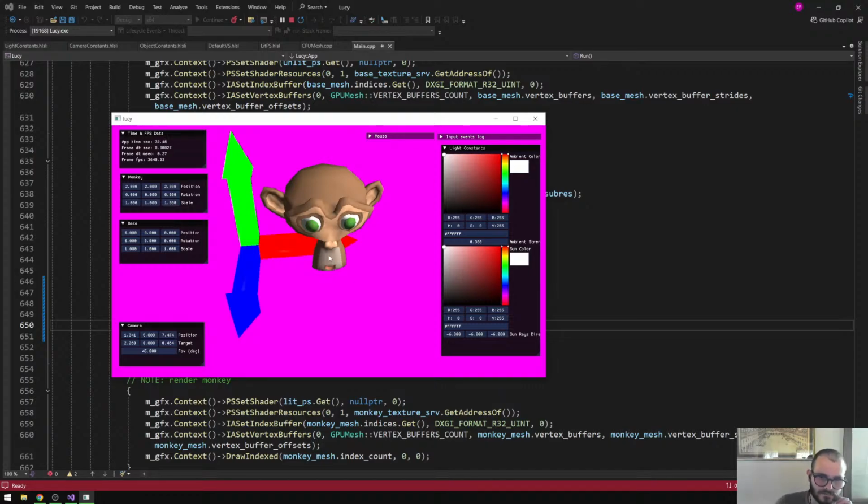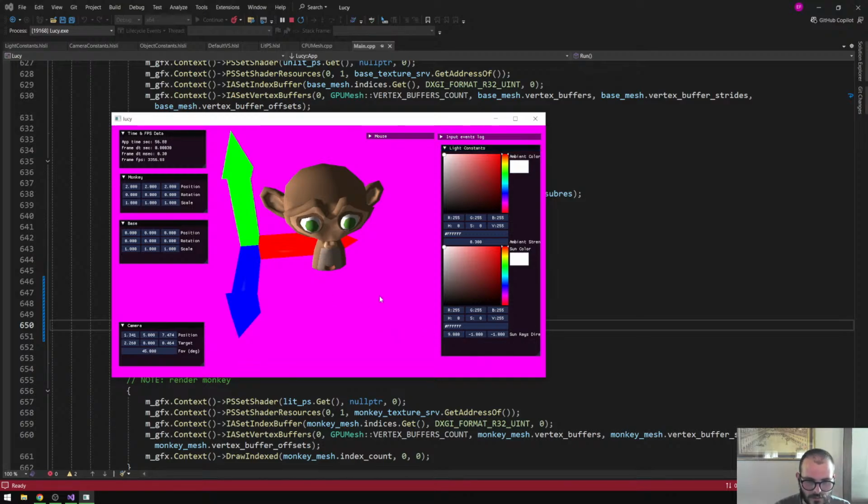Not really. But if I have, for example, minus 1, minus 1, minus 1, and I translate it by 10, so here becomes 10, 0, 0, it changes. So yeah, that's not the same.